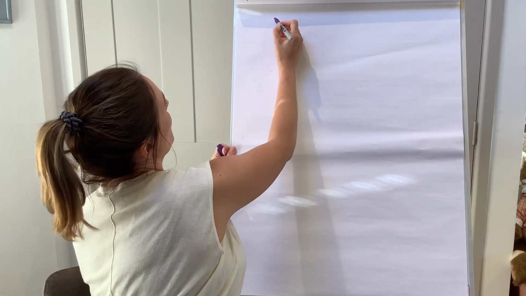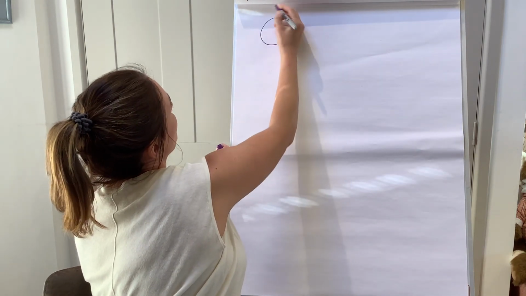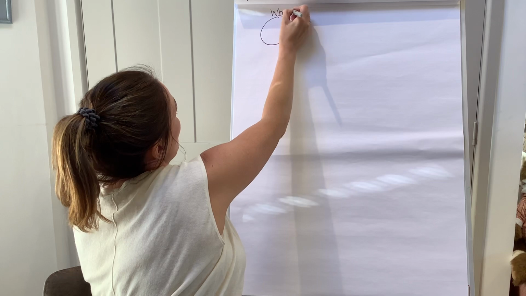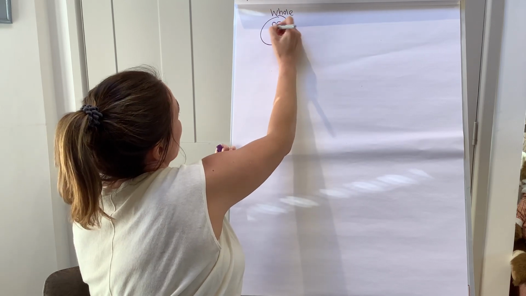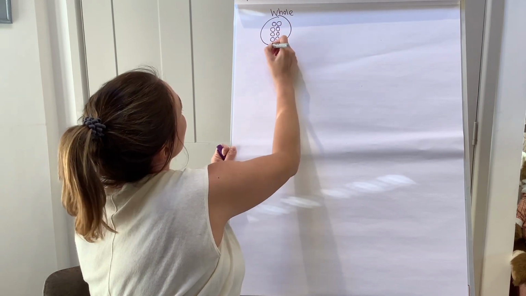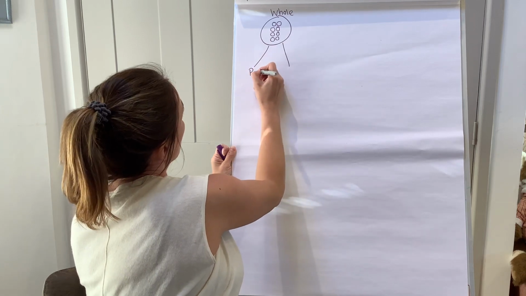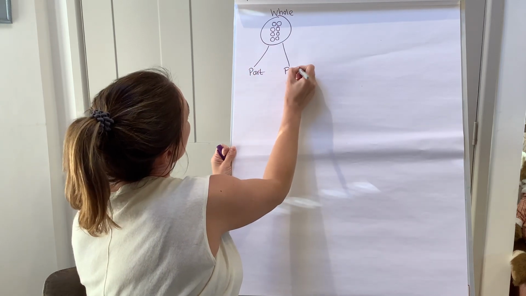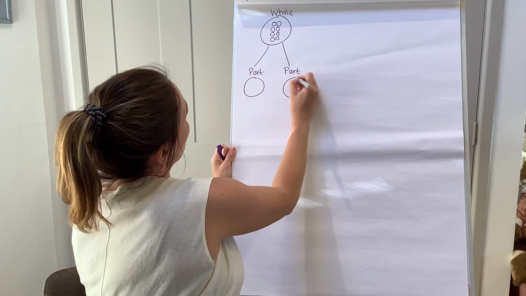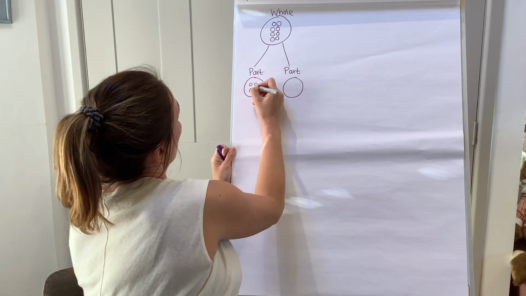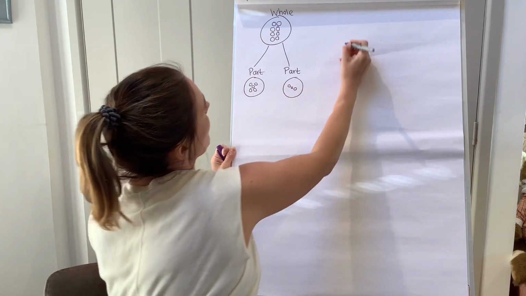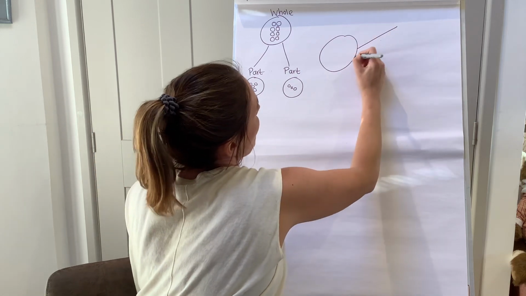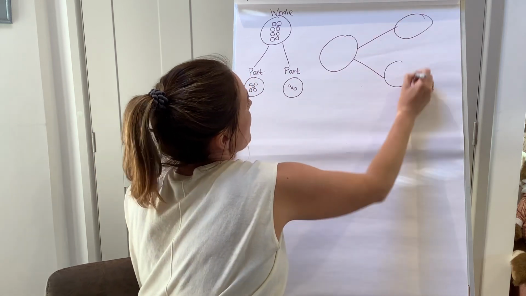Okay, so hopefully you've had a go at making a part-whole model. There's the whole, and it's 8. So we can have it made up of 2 parts. So you might have had 8 made up of 5 and 3. You might have the whole here, this way, and the parts. We've got 8.